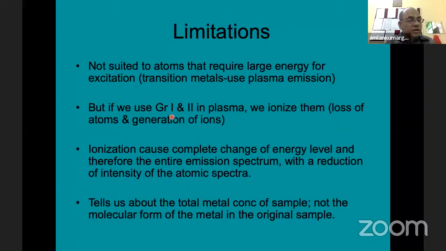So if some amount of ionization has taken place, there will be problems or interferences. Ionization causes complete change of energy level and therefore the entire emission spectrum, with a reduction of intensity of the atomic spectra. So atomic spectra decreases, ionic spectra increases. So there comes the interference.